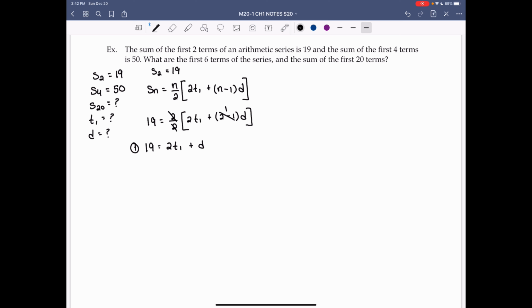Now let's do the same process for S4 equals 50.